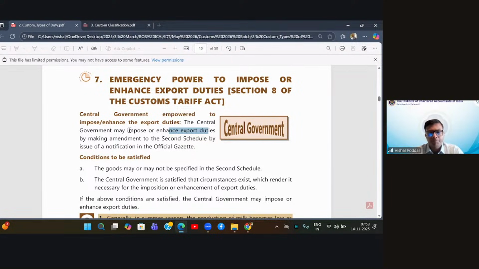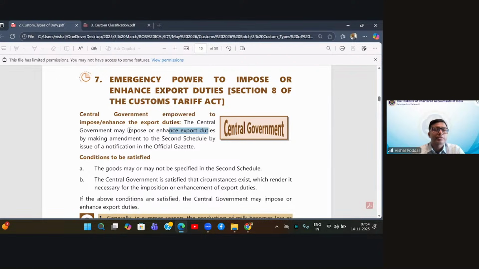Now, what is the difference? See, we all know that acts are to be passed by the parliament. So parliament, not government, the entire parliament is given powers by the constitution to pass acts. Whereas notifications can be issued by the government without asking the parliament.